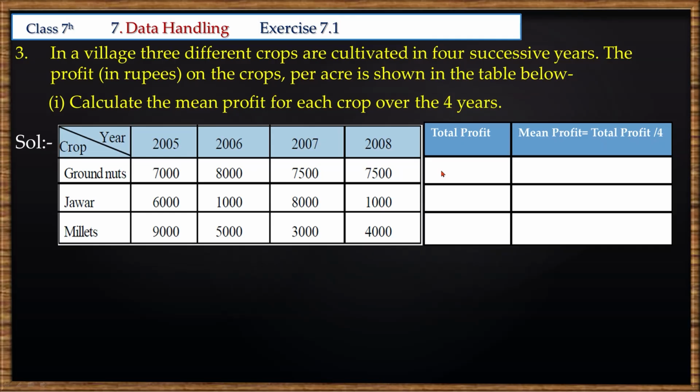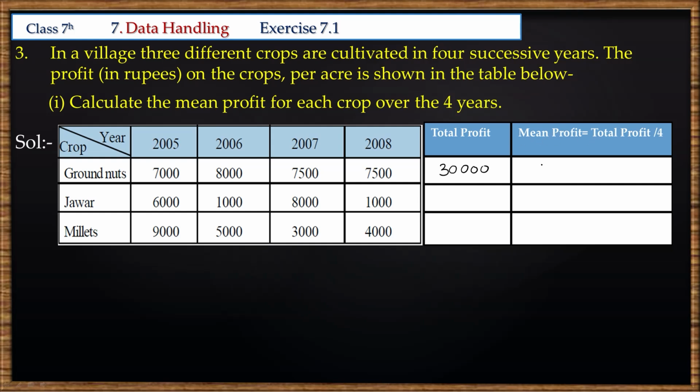Because the data is 4 years data. Now total profit for groundnuts: 7,000, 8,000, 7,500, 7,500. 7 plus 8, 15. 7.5, 7.5, this is also 15. 15 plus 15, 30. This will be 30,000. The groundnut total profit is 30,000.